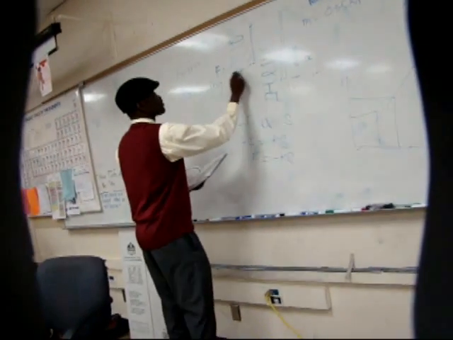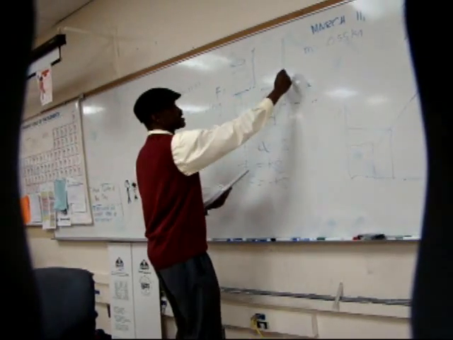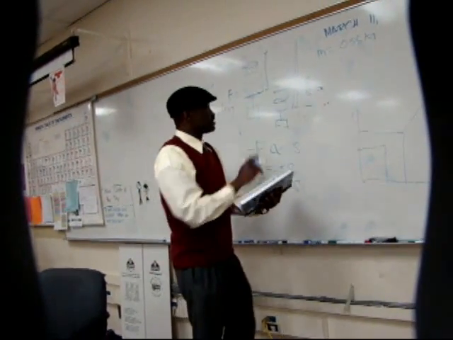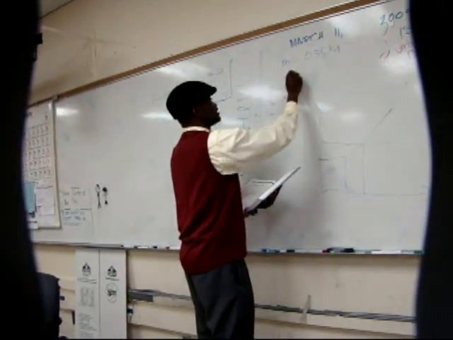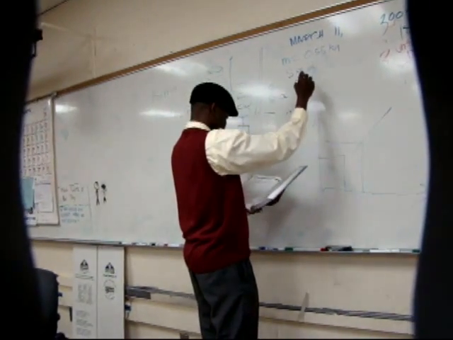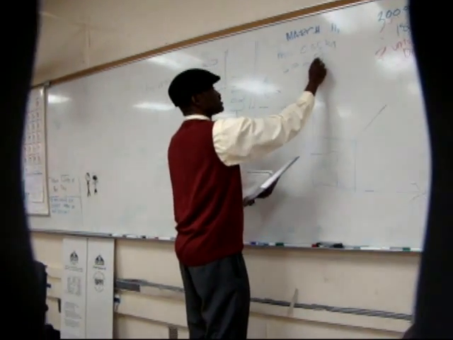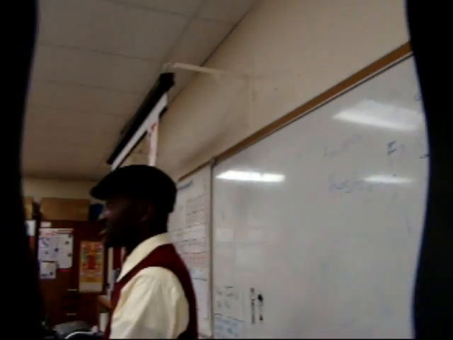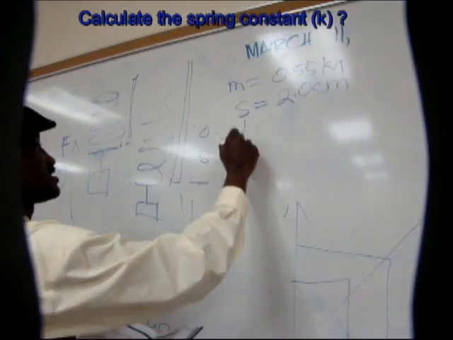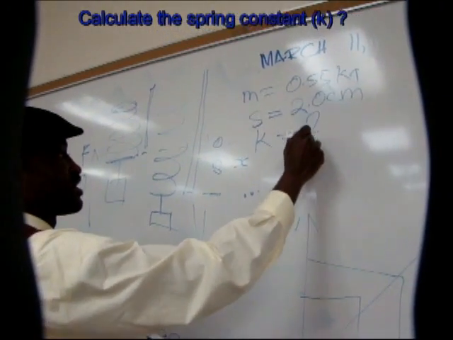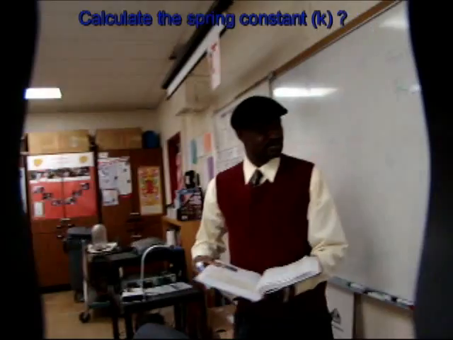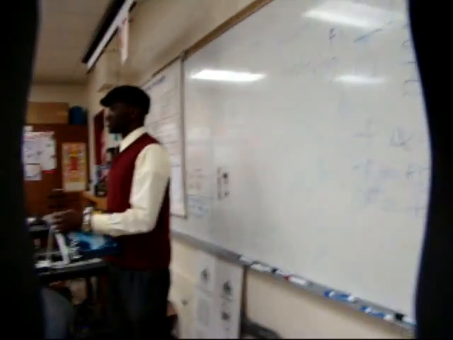This is the original equilibrium position. Then it displaces what? S equal to 2.0 cm, centimeters, from its original position. What is the spring constant? What is this K? That's what they want us to find. Does that make sense?